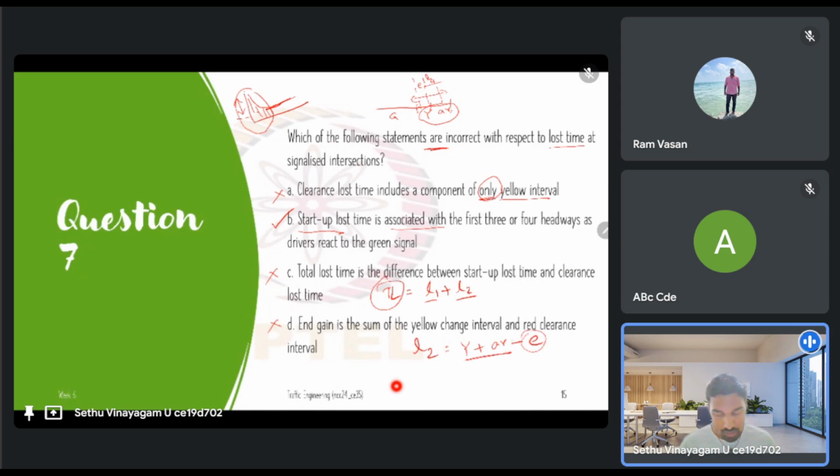Whatever portion of the yellow and all red that is not utilized goes to your clearance loss time, so the sum of that minus the end gain. So the clearance loss time is Y plus AR minus L2. It is not just the sum of these two, but the sum of those two minus L2. So that's why D is also incorrect.